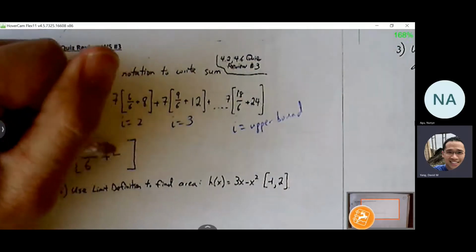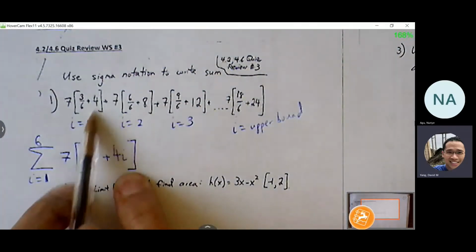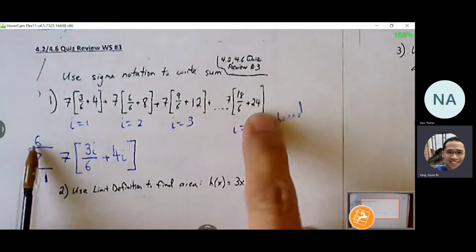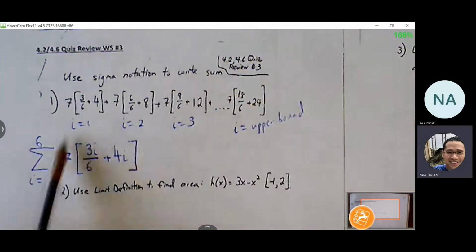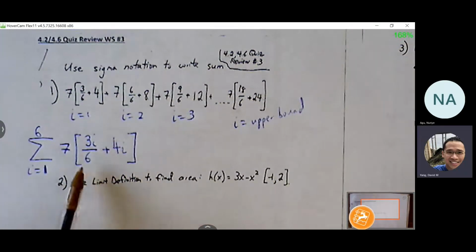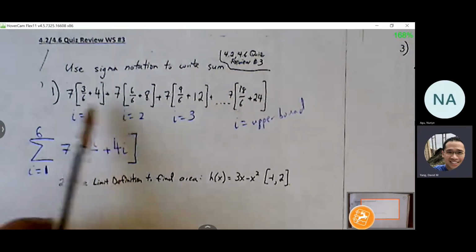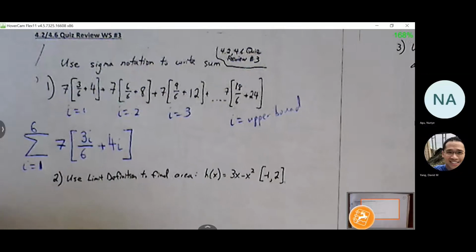Let's try that. Okay, so 4 times 1 gives us 4. 4 times 2 gives us 8. 4 times 3 gives us 12. All the way up to 6. 6 times 4 is 24. Right. So whatever your guess is, it's always good to write it down, but then test it out. Make sure that it will actually produce each of the terms that you want it to produce.